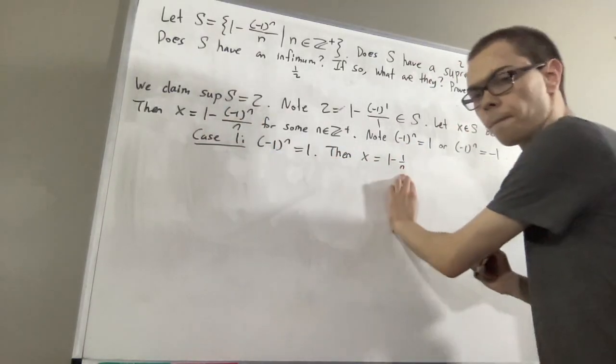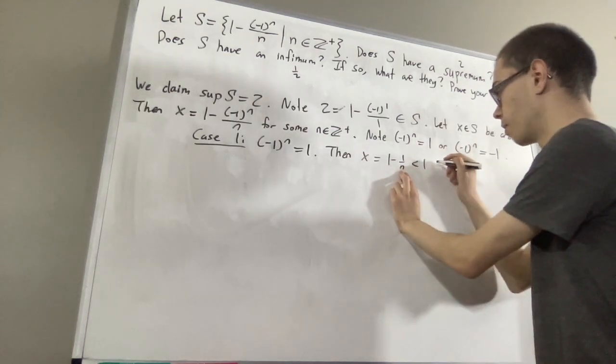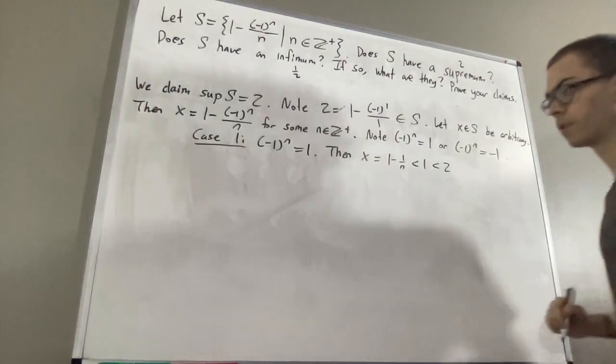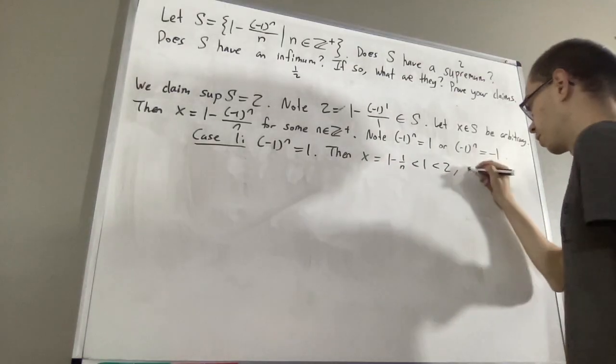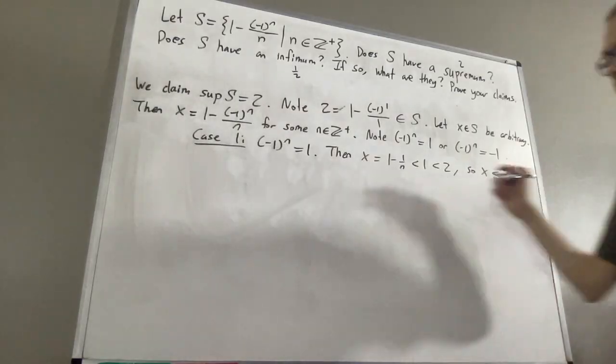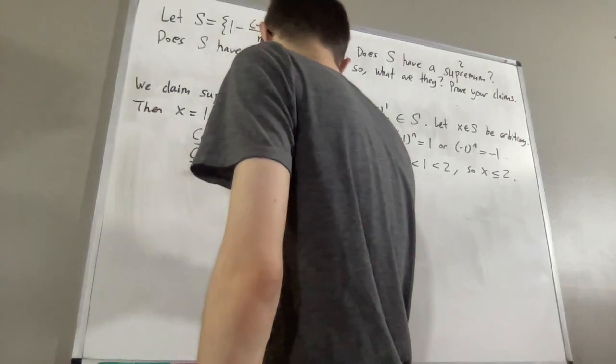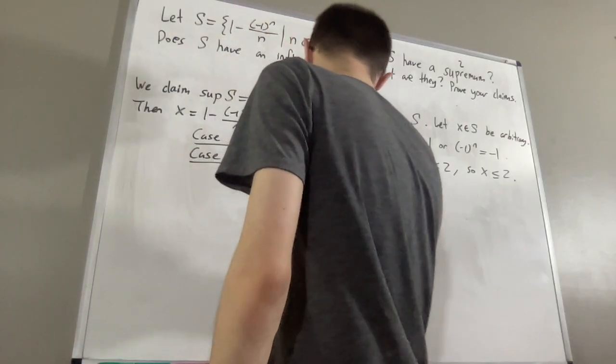This is less than 1, right? Because we're subtracting a positive number. So this is less than 1, which is less than 2. So x is less than 2, so x is less than or equal to 2. That completes case 1. As for case 2, negative 1 to the power of n is equal to negative 1.